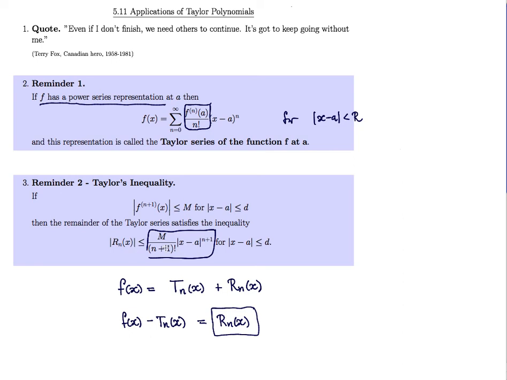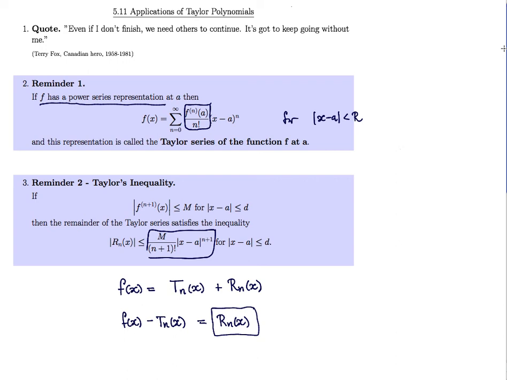Okay, the further you get away from the center point, you expect that your representation is going to be less accurate. This is a direct analogy from using the tangent line to approximate a function at a point. The further you are away from where you're constructing the tangent line, the less you expect the tangent line to be close to the function.